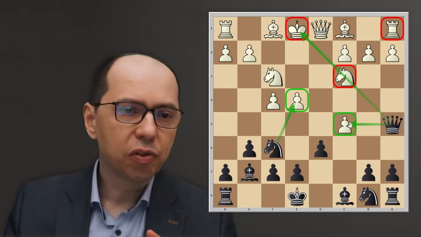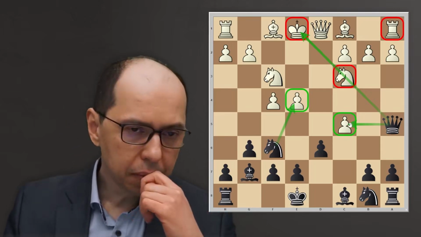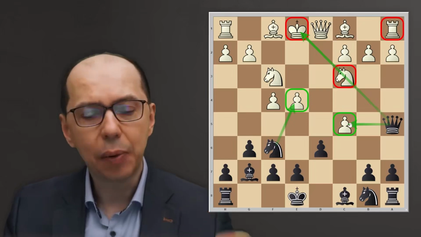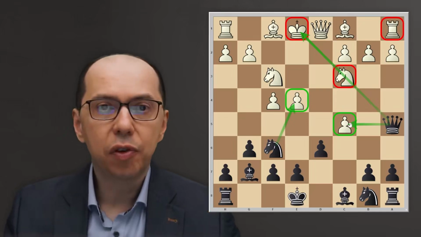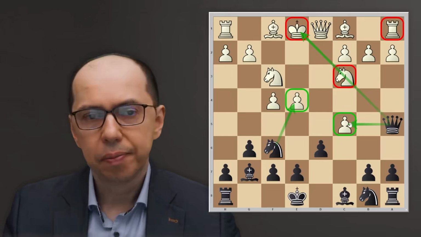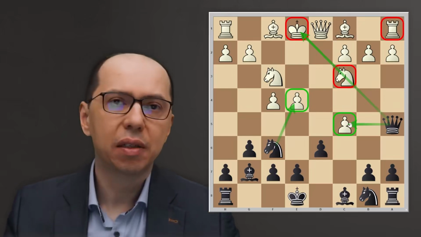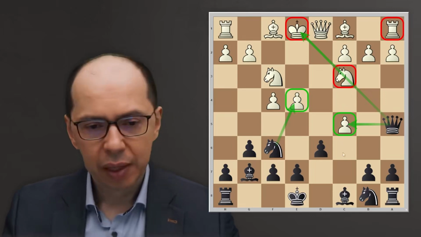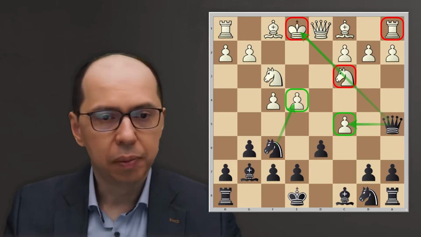So now white has a lot of moves. But basically all of them are somehow connected to the e4 pawn. So most moves that somehow defend the pawn have been tried again and again. So let's just go through them.